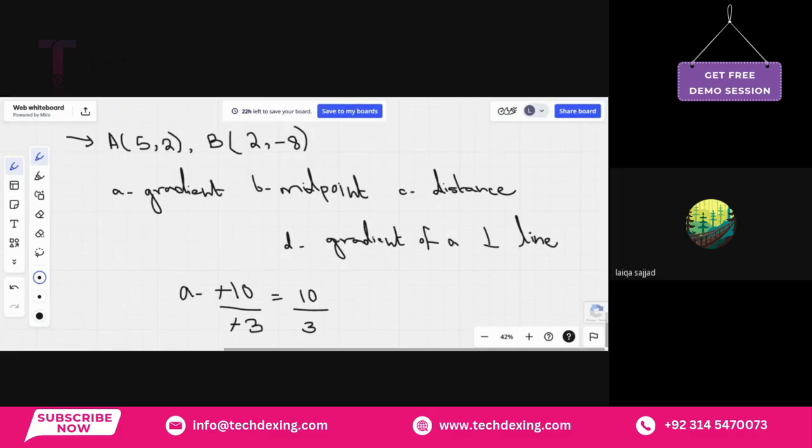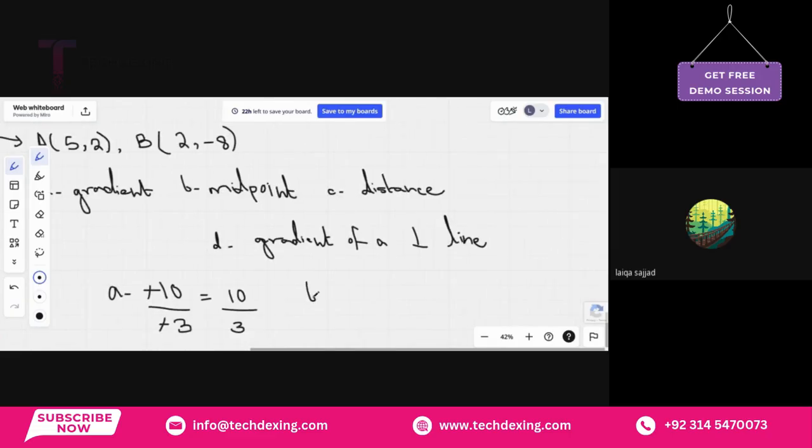What about the midpoint? 10.4? How do we calculate the midpoint?